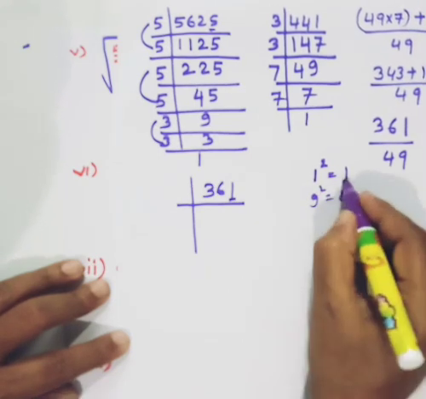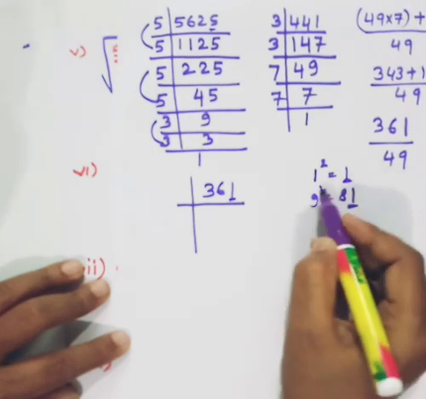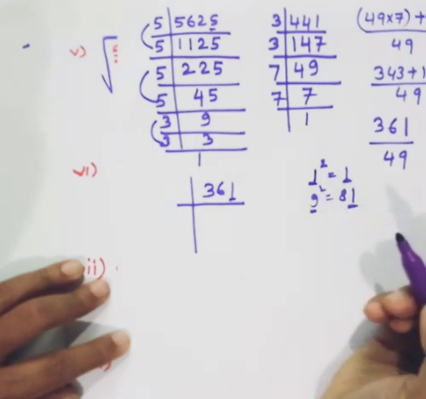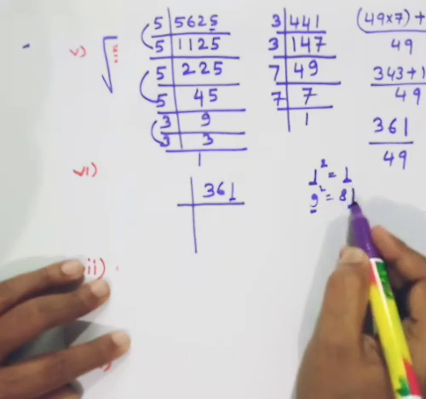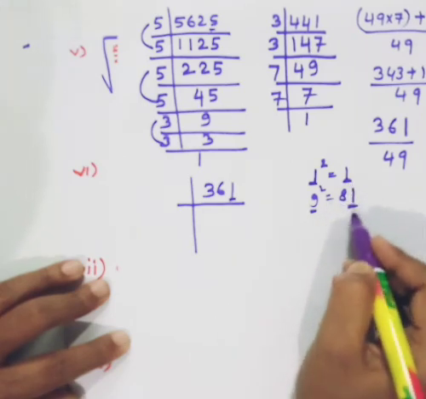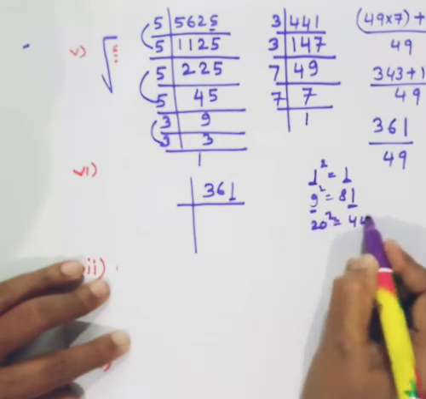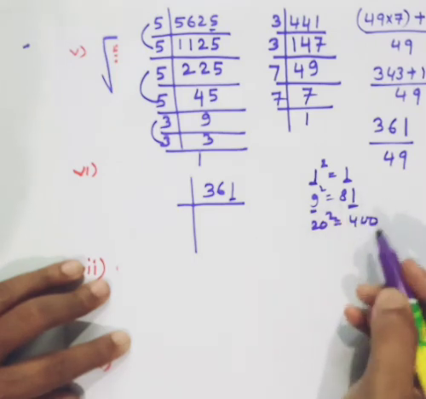So 1 comes at the end of a square number when its square root has either 1 or 9. And you know that 20 square is equal to 400, and less than 400, so it will be 19.